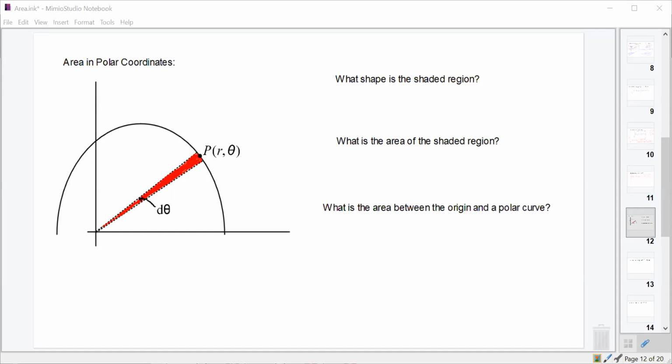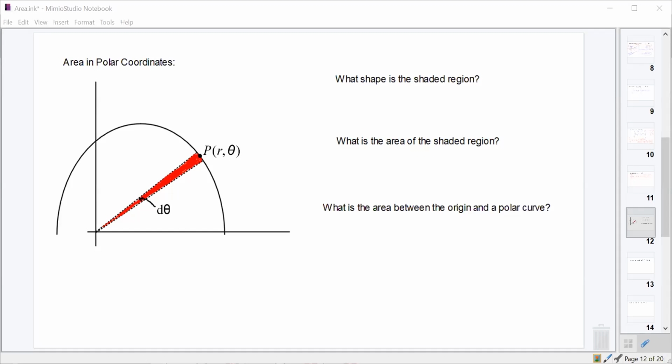Now, just like we have a dx, which is a very tiny width of the rectangle, this d theta is just a very tiny angle that's making a slice of this polar curve. Everybody good with the picture so far? Okay, hopefully so.